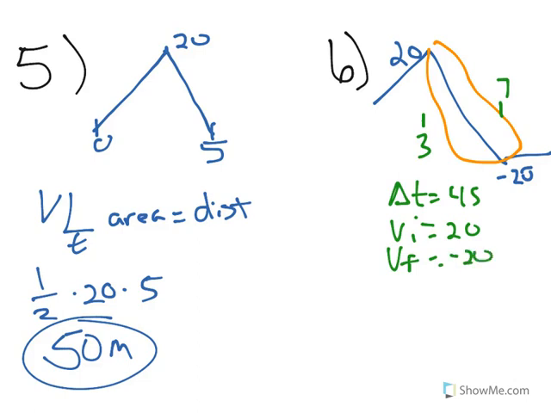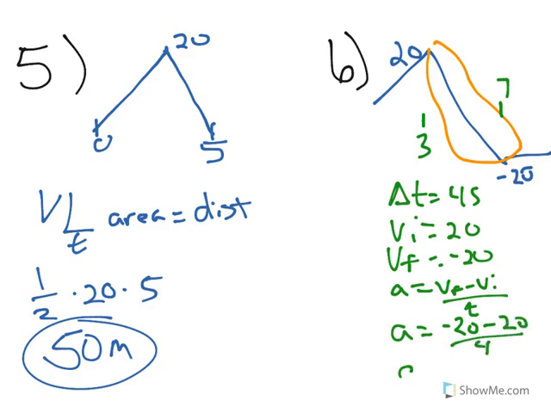So we do a equals Vf minus Vi over t, and we get a is equal to negative 20 minus 20 over 4, and we should get a is equal to negative 10 meters per second squared.